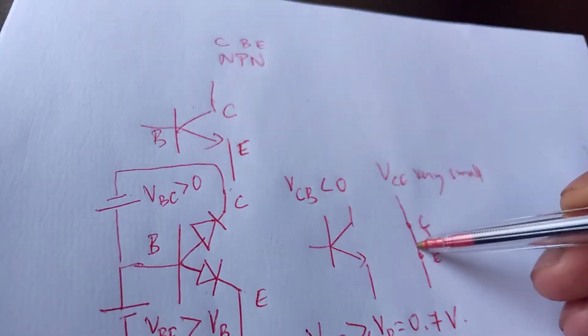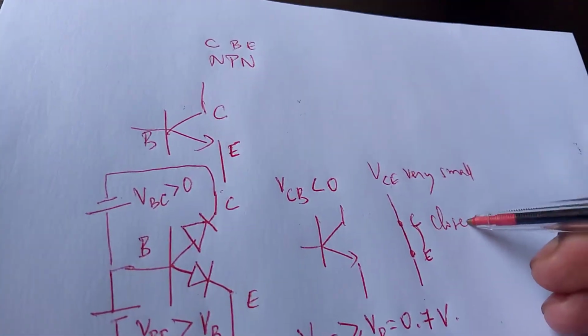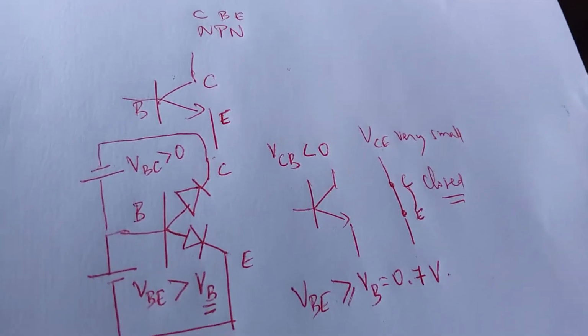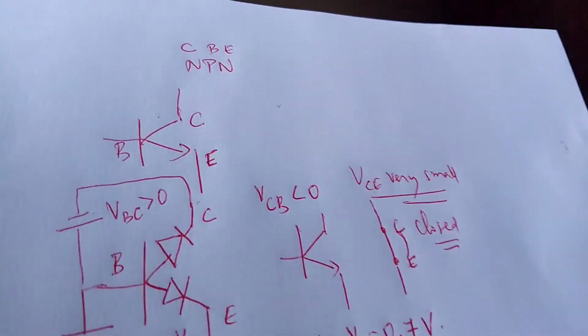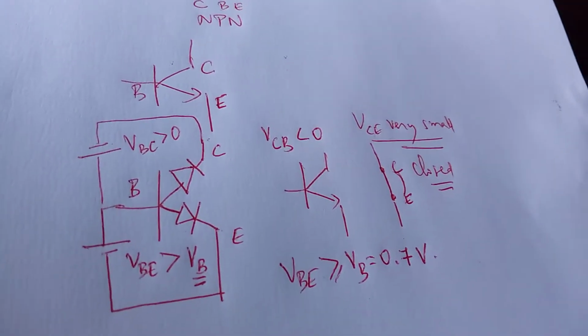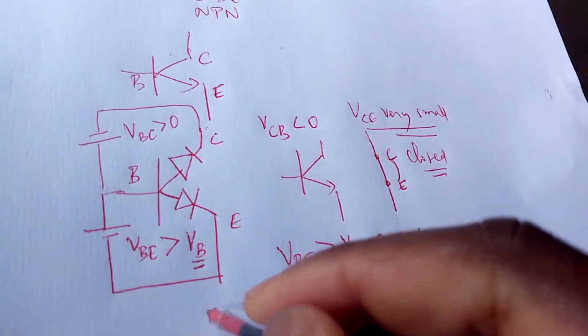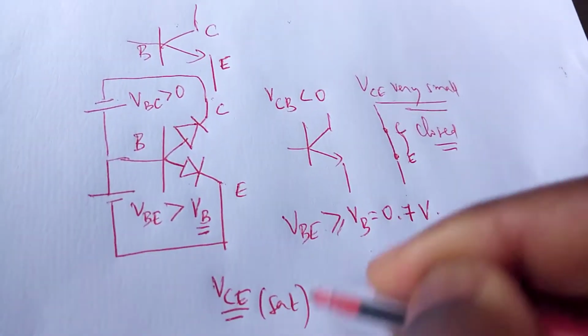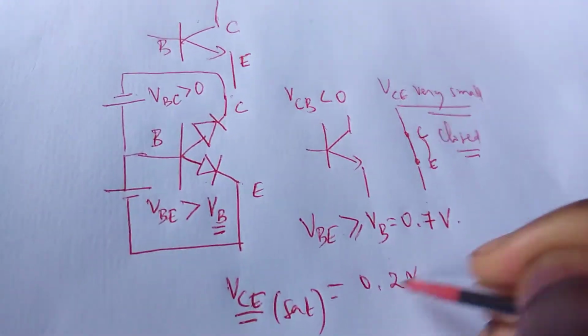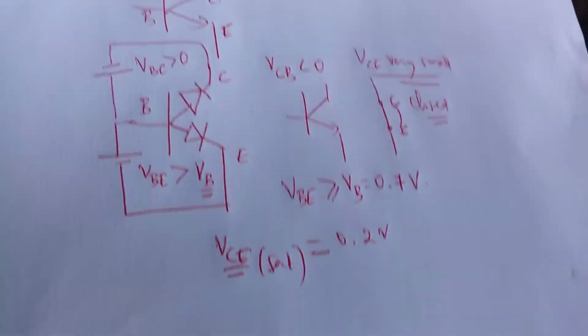So now when the transistor behaves like a closed switch, this is the mode in which the transistor is operated as a closed switch, and you get a very small VCE. For silicon-based NPN and PNP transistors, and we will notice this a bit later, we'll be operating with V saturation being 0.2 volt. But of course, that's generic for our calculations.